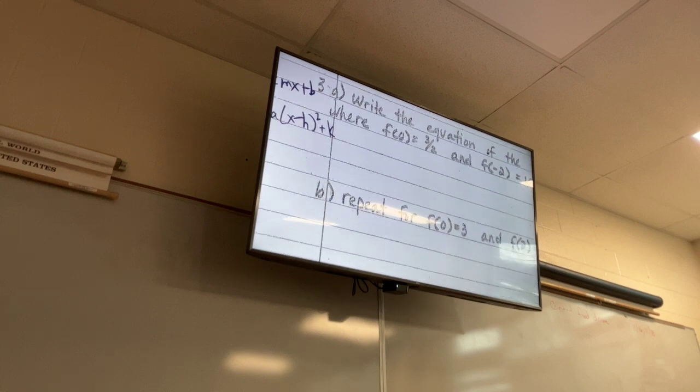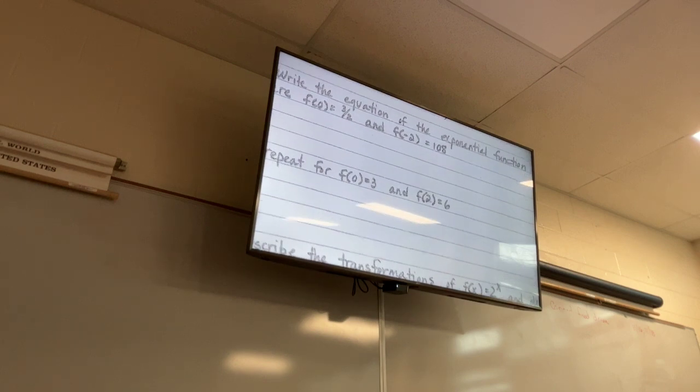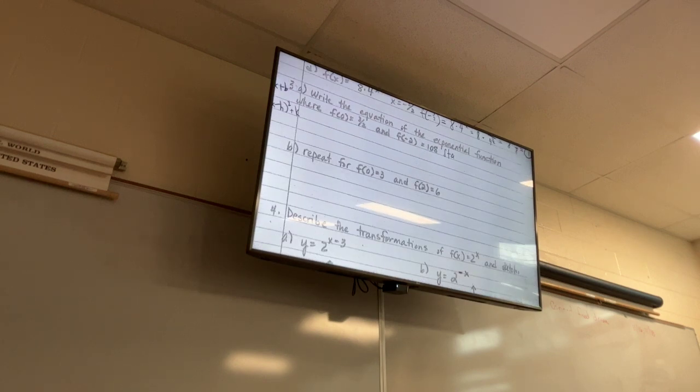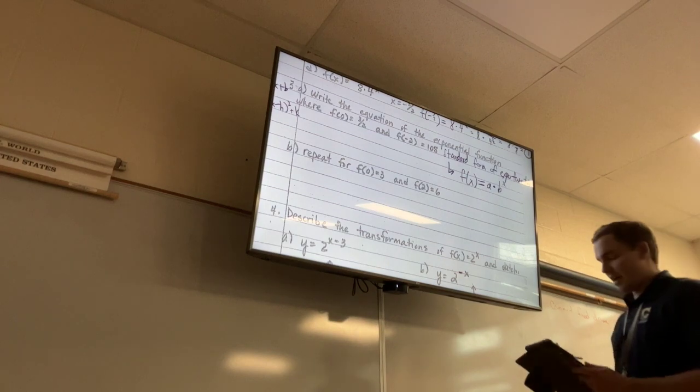The standard form of an exponential function is going to be f of x equals a times b to the x. Standard form of an exponential function, okay? All right, so let's highlight that.